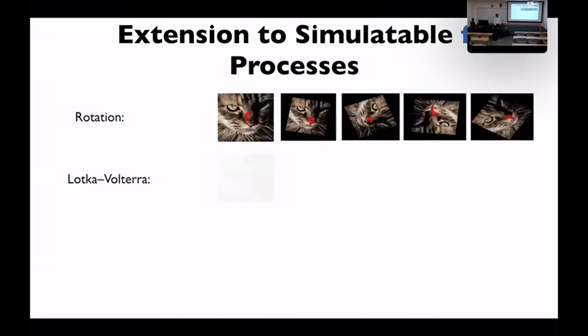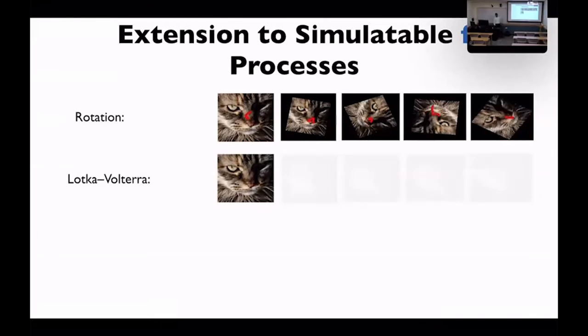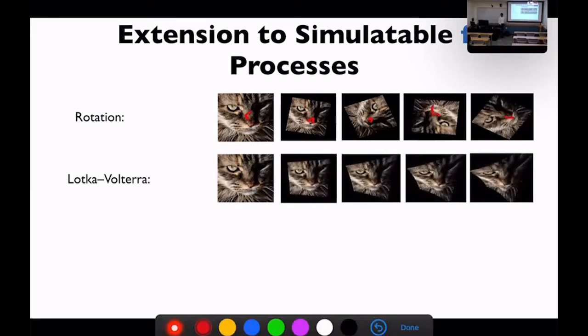But the second one, you can do other things. So this one, this is the one that I showed you a few slides ago. You can see that it's kind of trying to squish the face, rather than just rotating in a very rigid fashion.